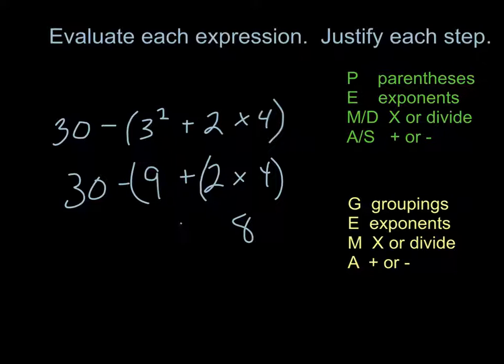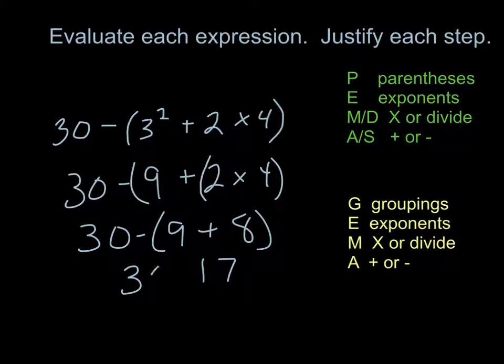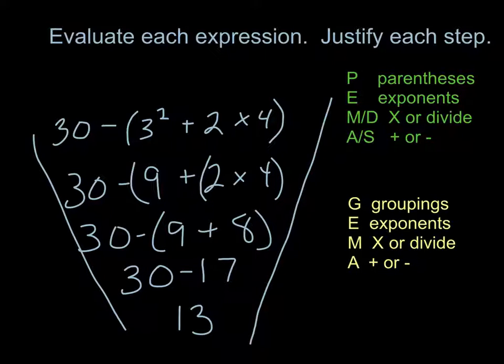And that's 8. And now I write out the rest of it. Remember that's in parentheses. And now I continue with what's in parentheses. That's 17. And now I write out the rest of it. And 30 minus 17 is 13. So this is how all of your problems should look today. You'll be able to see it kind of comes down like that as you do these.